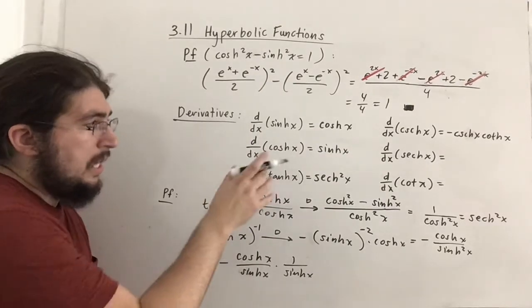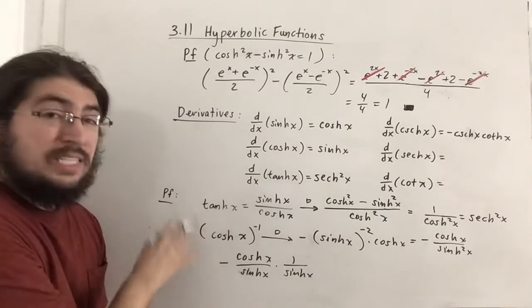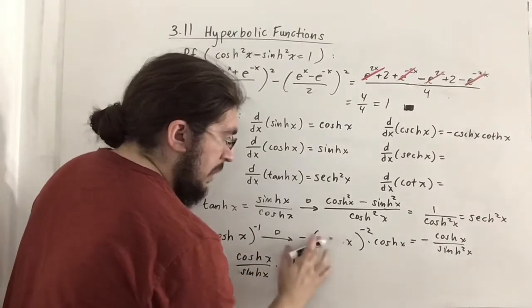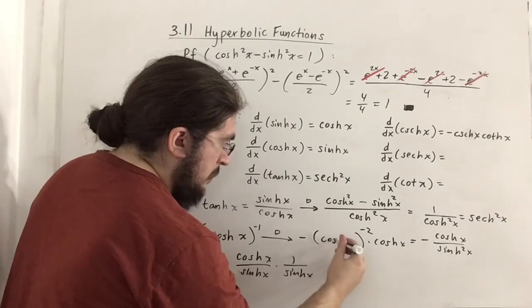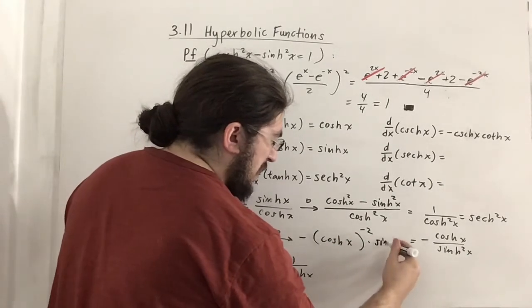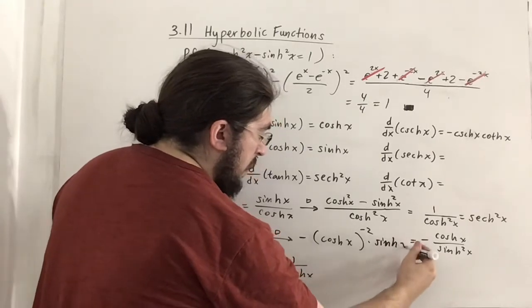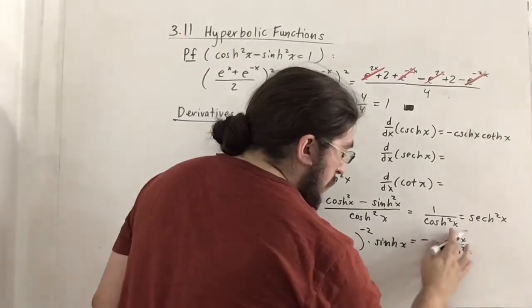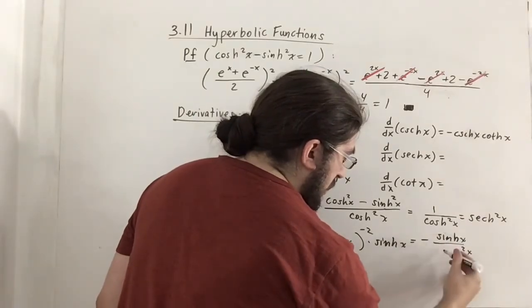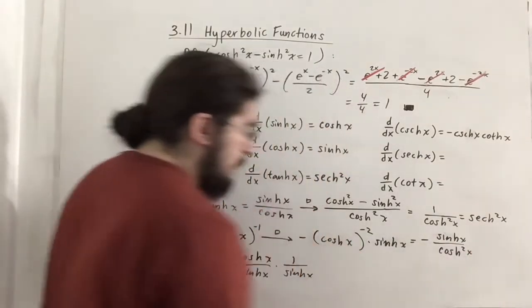Notice secant hyperbolic is a reciprocal of cosh. So we can just do this kind of a thing. And then by chain rule, we end up getting this times the derivative of cosh, which is sinh. So then really what we end up getting is exactly this, but with sinh on top, and cosh squared on the bottom. Kind of like you'd expect.